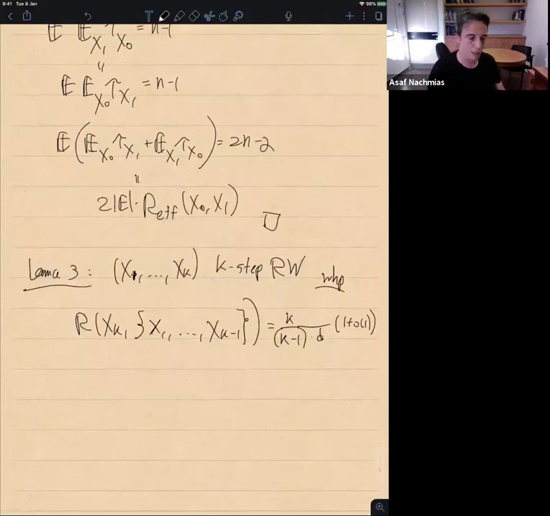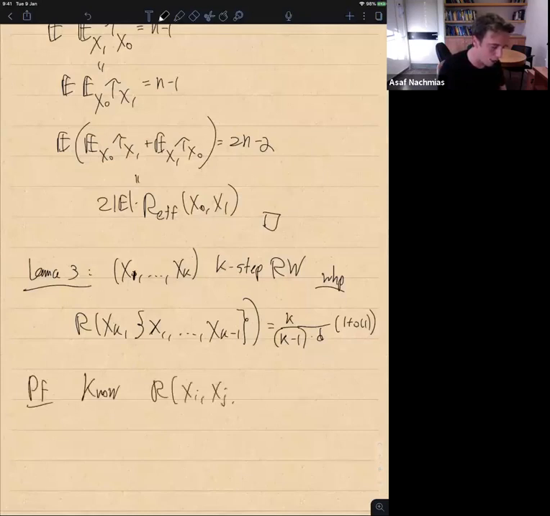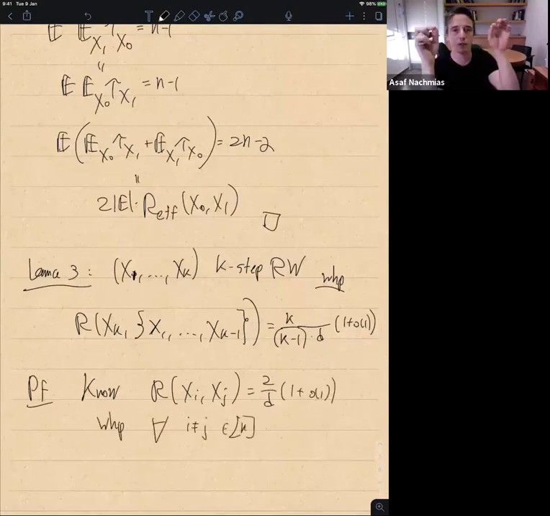So let me tell you just the idea of the proof, and I will finish with this. You have a random walk, and you have the last point, but because of the previous lemma, you know that the resistance between xi and xj is approximately 2 over d, with high probability, for any two time differences, any i, j.